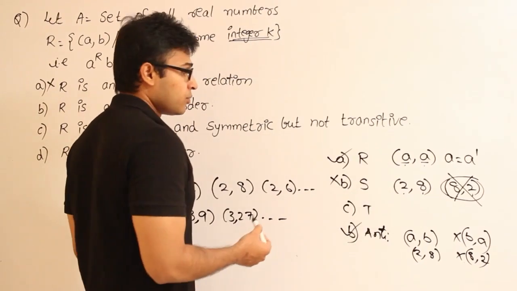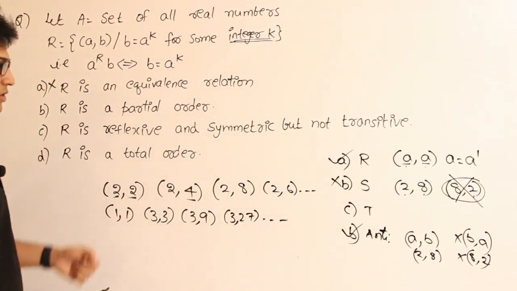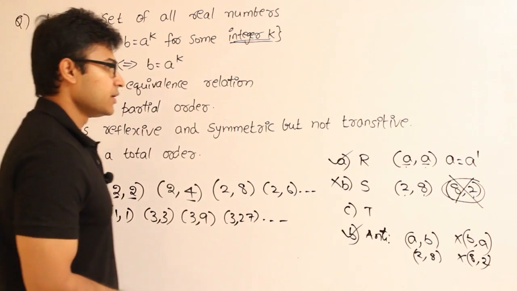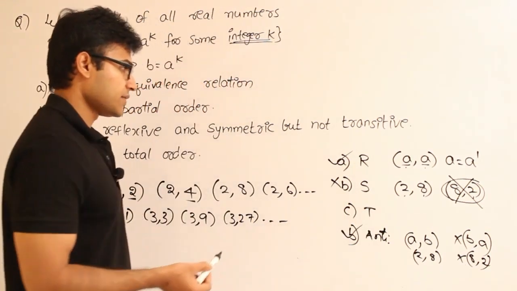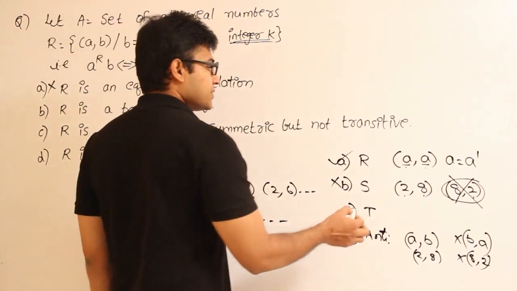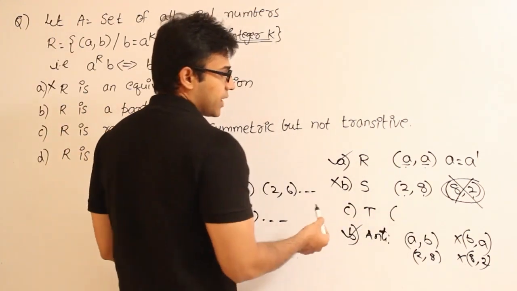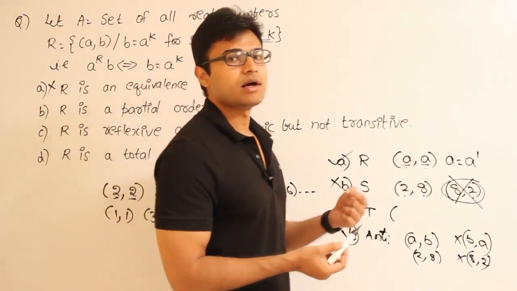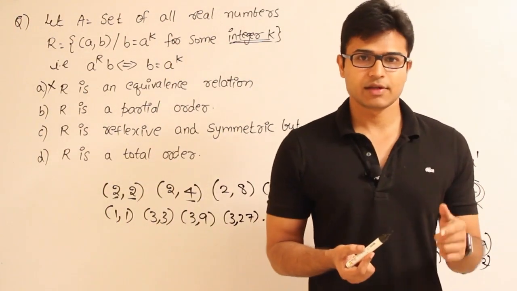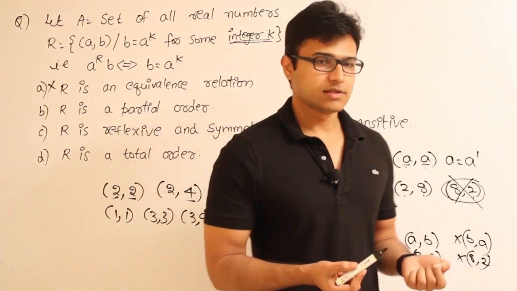Now if you have to prove that it is a partial order, the only thing remaining is to prove that it is transitive. How can we prove that? Transitive will be applicable only when elements of type A comma B and B comma C are present. Then only we should check whether the element of type A comma C is present or not.